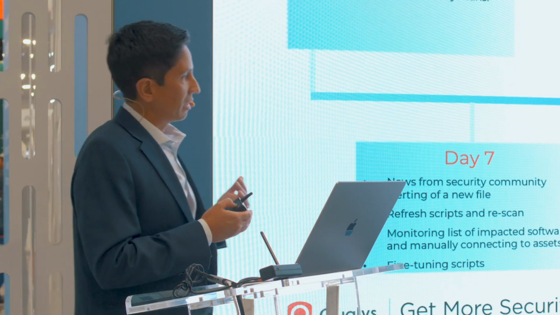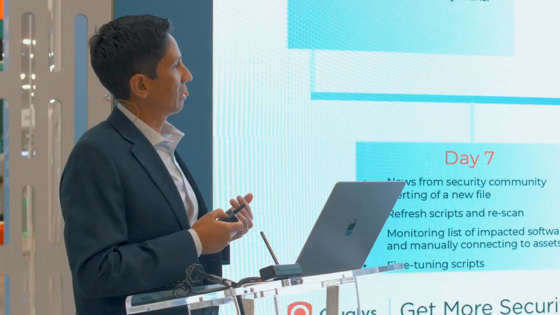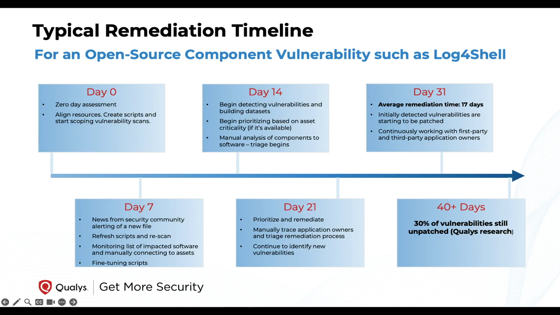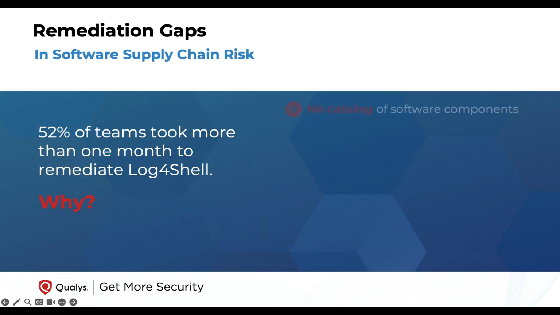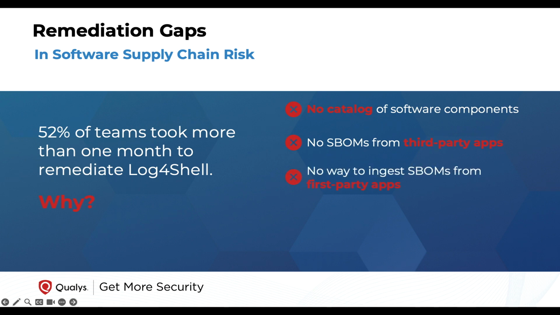As you can see, the time and the effort it takes for teams to identify, prioritize, and remediate is very long. If you look at the key reasons, there's no software catalog available to understand which are those components, and which potential internal, external, or third-party software, or internally developed software, are affected by these open source components.